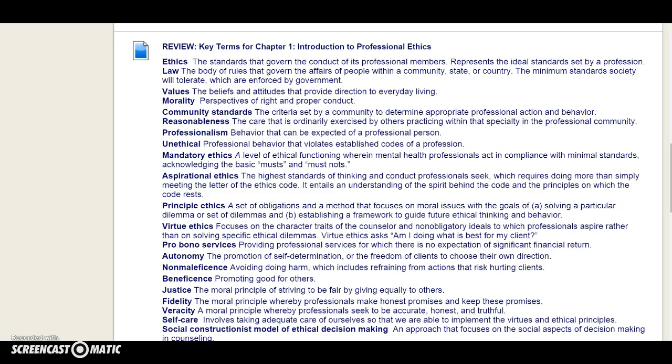And so everyone typically has their own values, their own morals, their own belief systems, and sometimes those conflict with what the agency spells out as what's appropriate and what's not appropriate. And sometimes our beliefs conflict with what the law states as well.